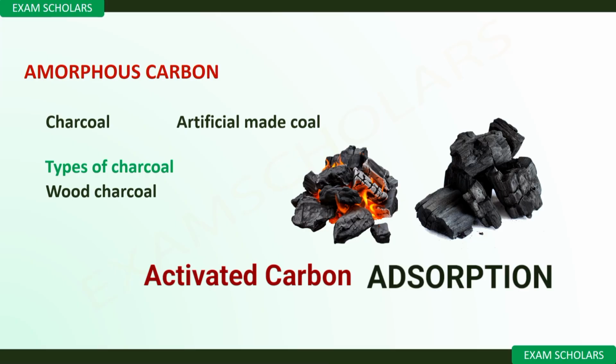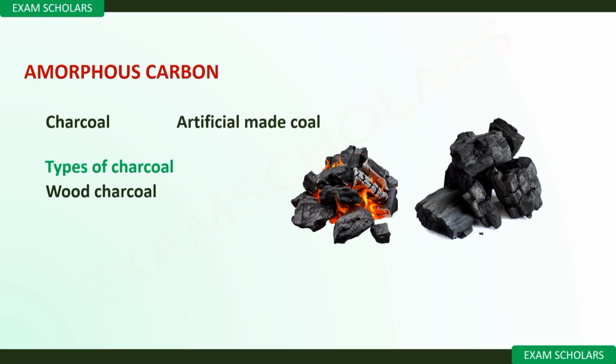Adsorption is the process by which gases are trapped on the surface. We can use wood charcoal to form activated charcoal. Activated charcoal is formed when charcoal is heated up and then some gases are infused inside the charcoal in order to increase the surface area of that charcoal.